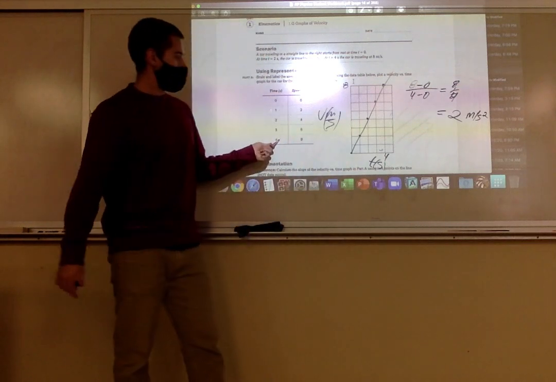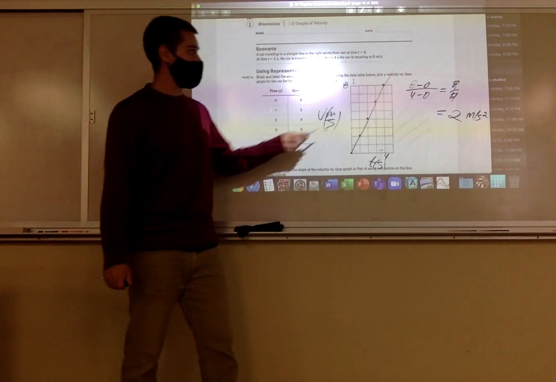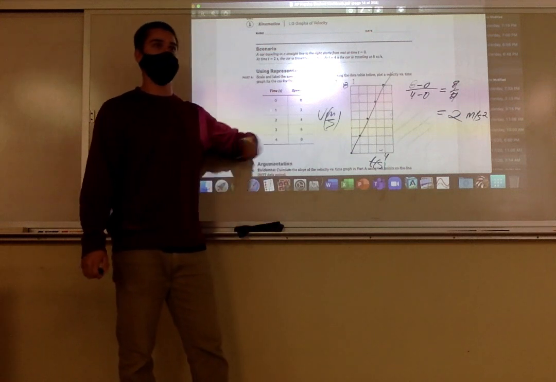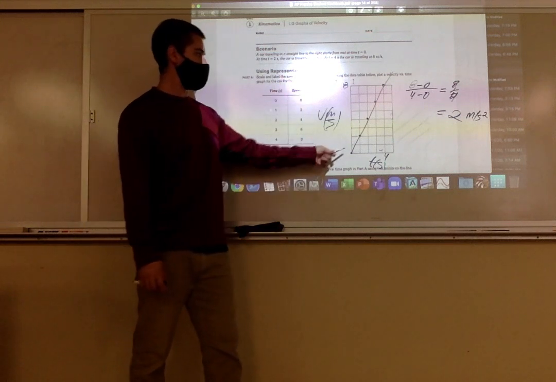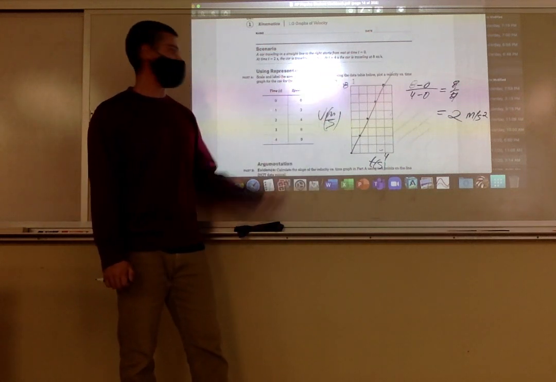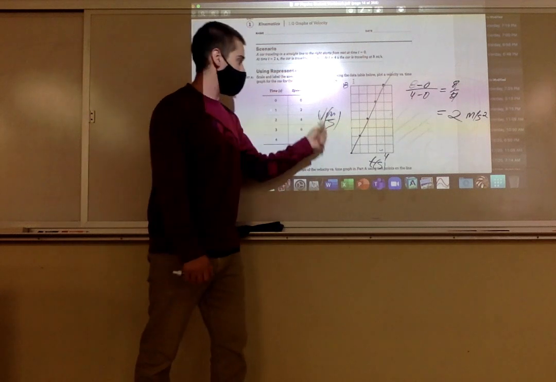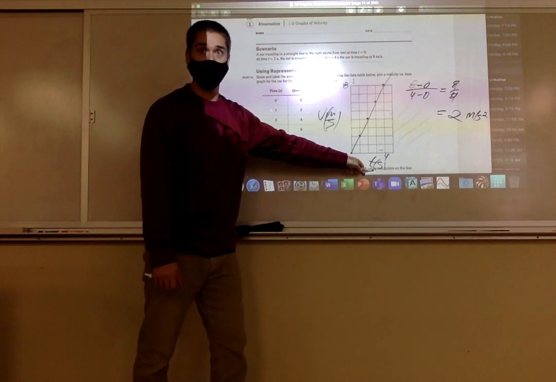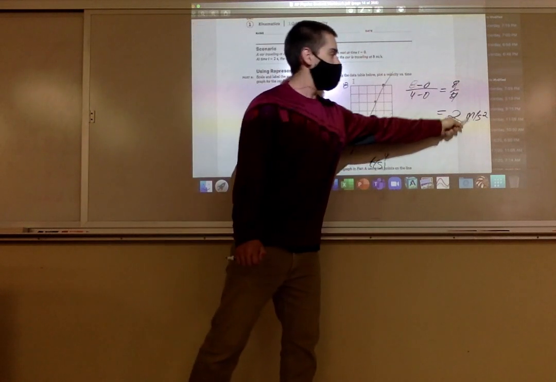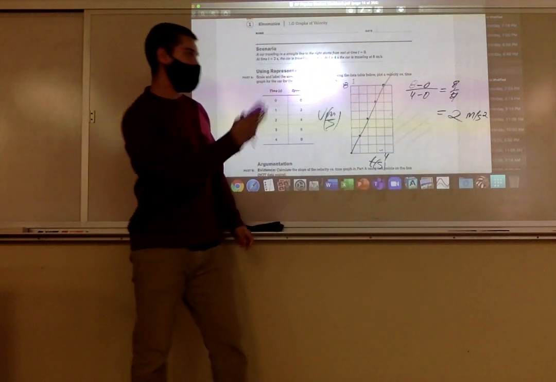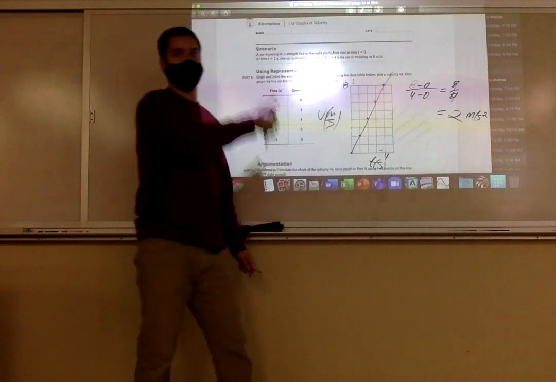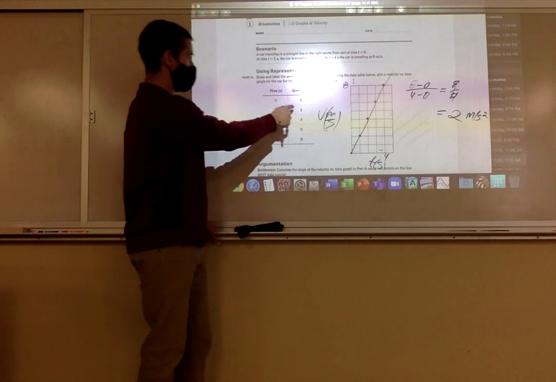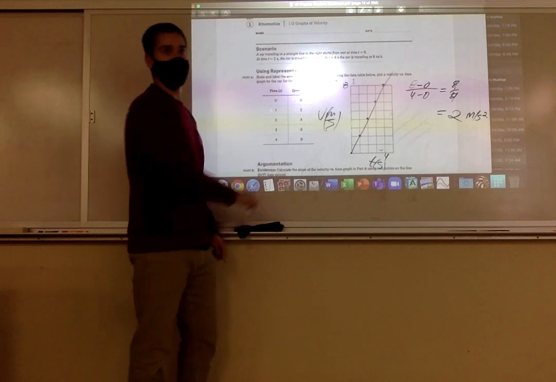Now, our velocity is changing. There's acceleration happening. Our velocity is changing over time. Well, just take the slope of that line, and that tells you how much it changes over time, what a slope is, and those units are every second it increases by 2 meters per second. Right? 2, 4, 6, 8.